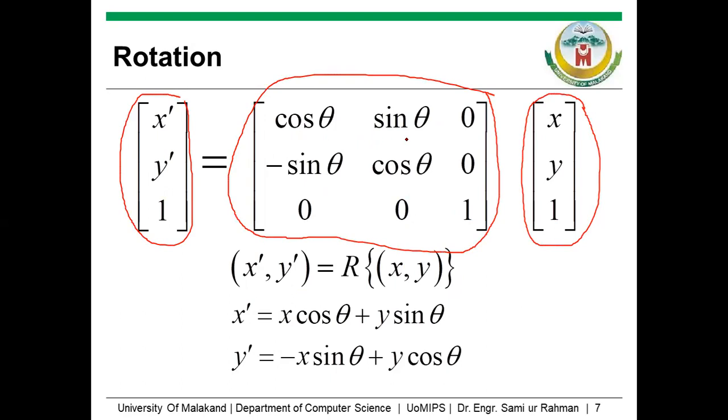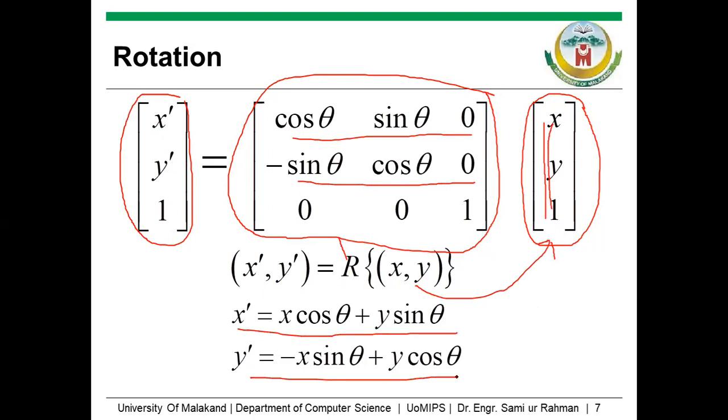If we multiply this rotation matrix with the original matrix, we get the values for the new location of the pixel. So [x prime, y prime] is equal to R times [x, y], where R is this rotation matrix. If we expand it, x prime is this multiplied by this, or this multiplied by this, and we get these equations. You can call it the mathematical model for rotation.